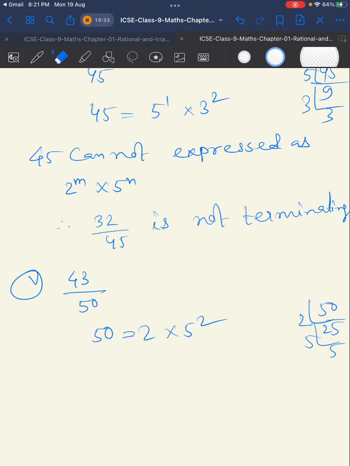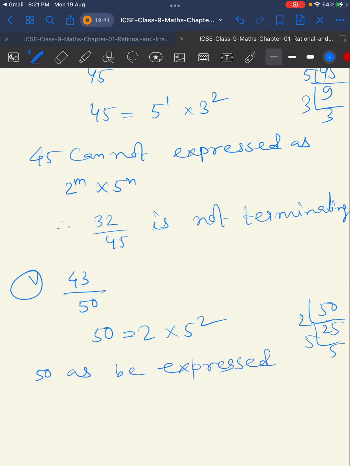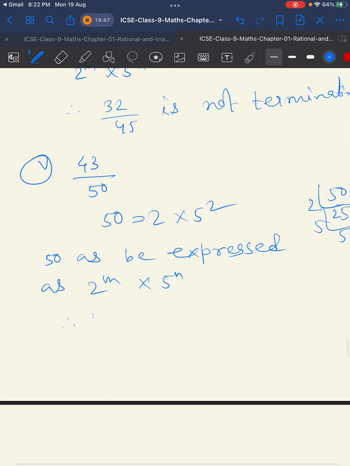So here 50 can be expressed as 2 to the power m into 5 to the power n. So 43 by 50 is a terminating decimal.